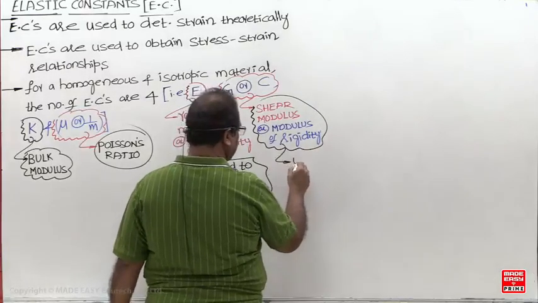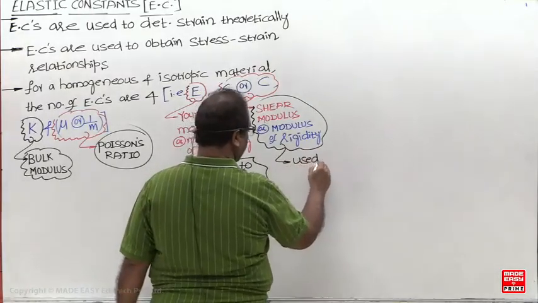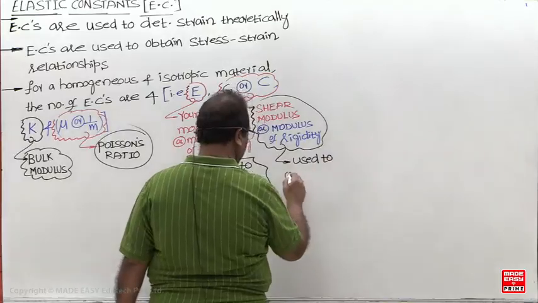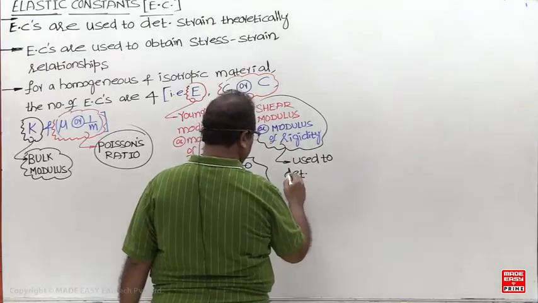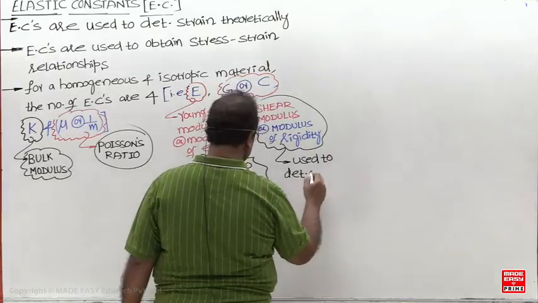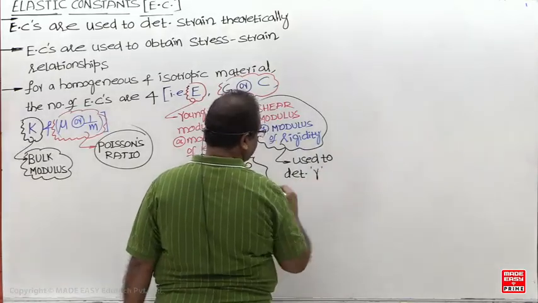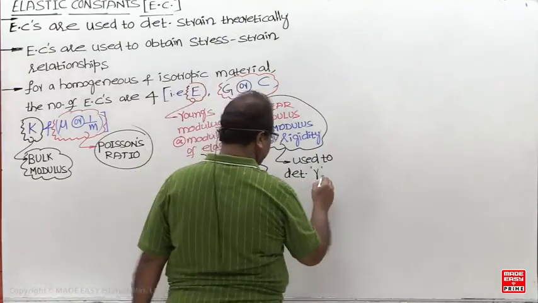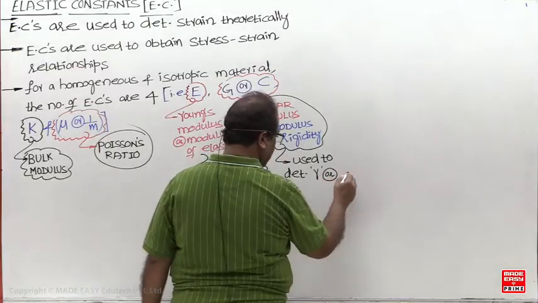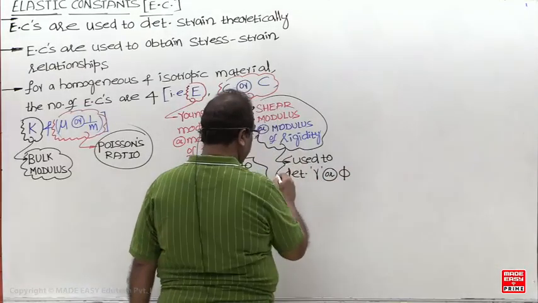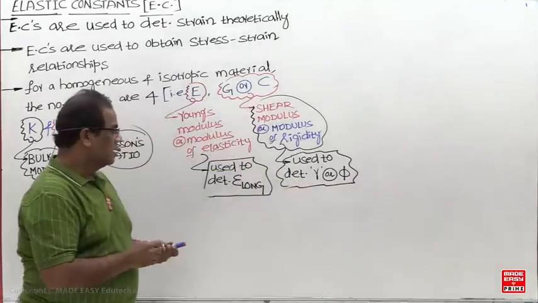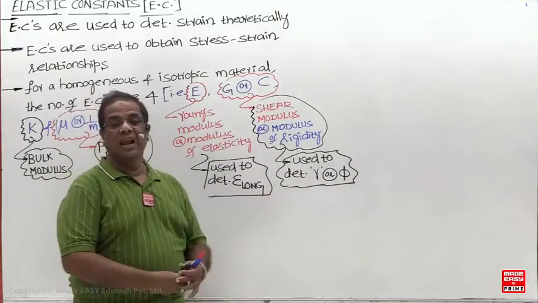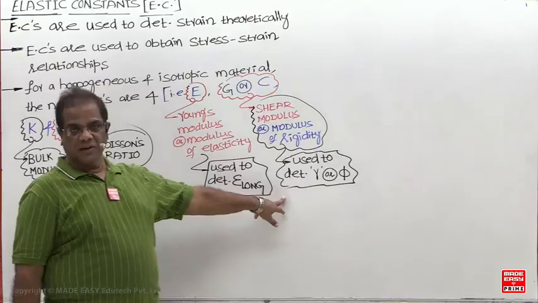G is used to determine shear strain or shear angle under pure shear state of stress.